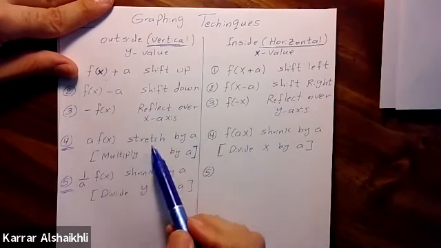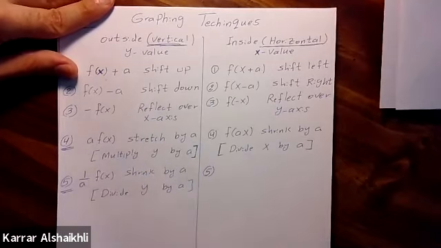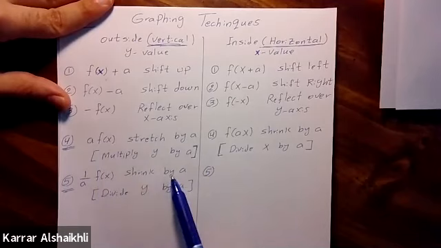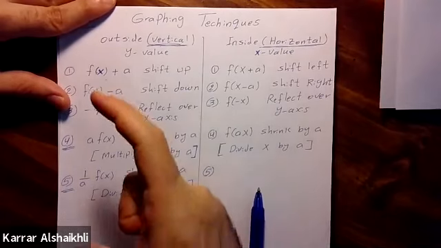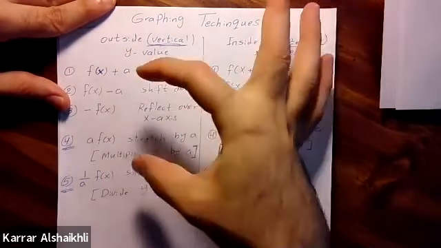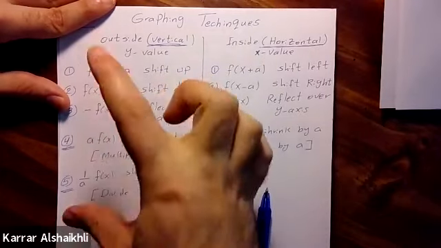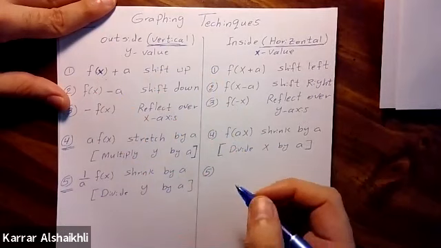A f of x is stretch by a; when you graph it, you multiply y by a. 1 over a f of x is shrink by a; you divide y by a. So the graph is going to be shrunk, smaller. Vertical shrink.